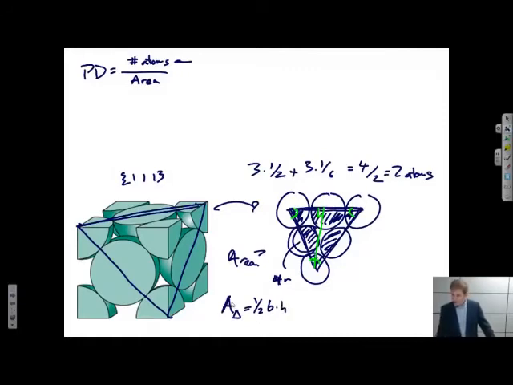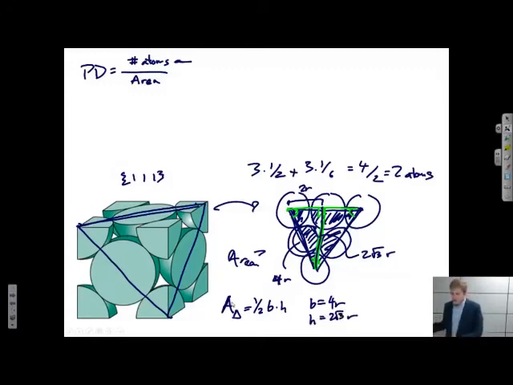So if I were to call this the base, base equals 4r, and I now need the height, which would be this distance. So in a 30, 60, 90 triangle, this distance is 2r, this distance is 4r, and this distance here is going to be 2 square root of 3r. So that would be the height. Height equals 2 square root of 3r.